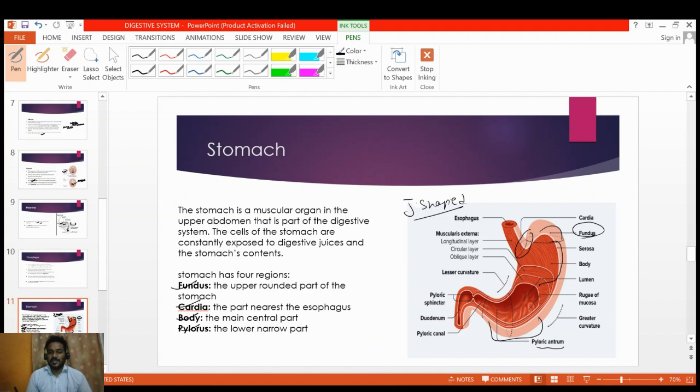Second, making the food acidic lets other enzymes of the stomach act easily on the food and help in digestion. After the food is digested in the stomach, it is known as chyme, and this chyme gets passed to the small intestine region.